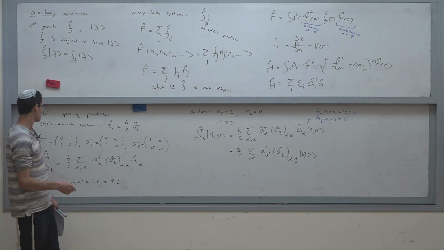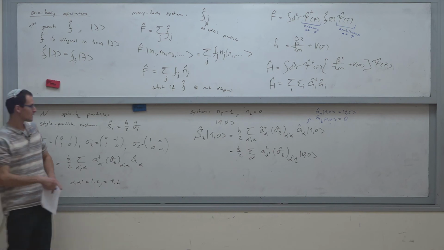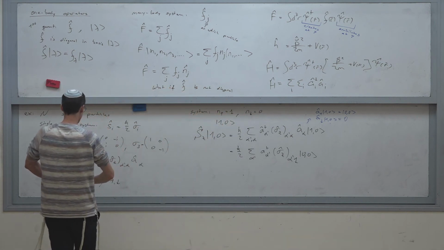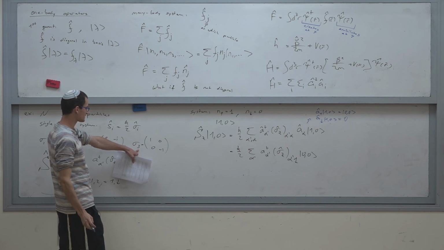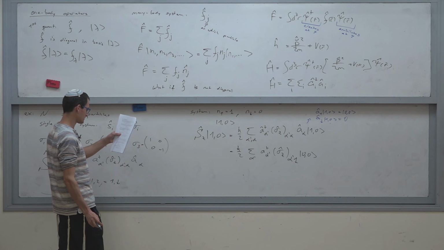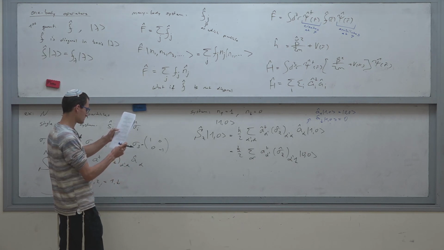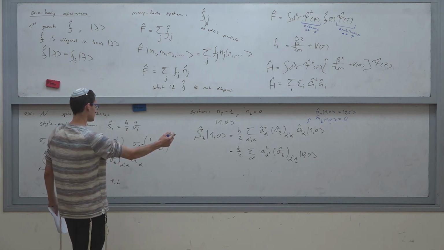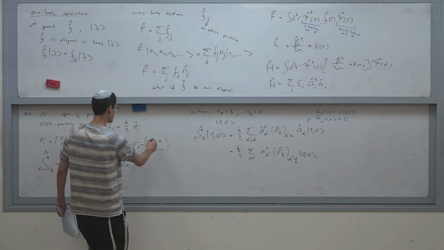Okay, now let's go to our Pauli matrix. We know that alpha, the second index, is equal to 1. We're using sigma z. Second index equal to 1, which means we're in the first column.